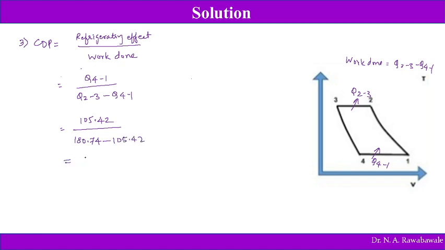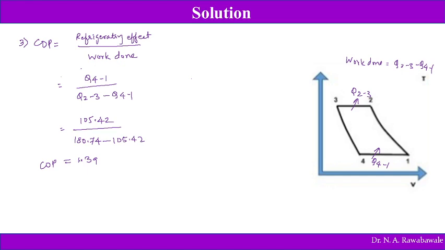So this works out as 105.42 divided by (180.74 minus 105.42), which is 1.39. The COP of the refrigeration system is 1.39.